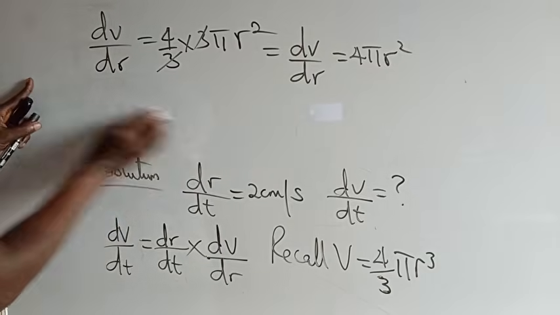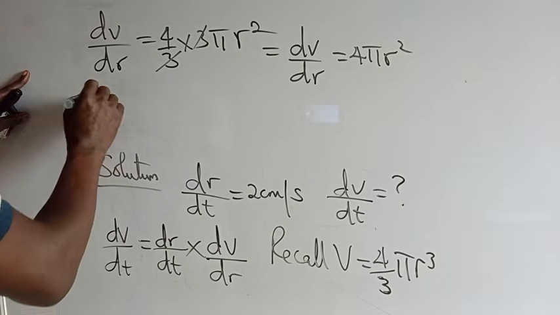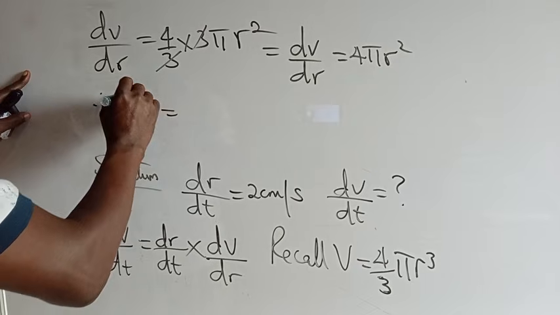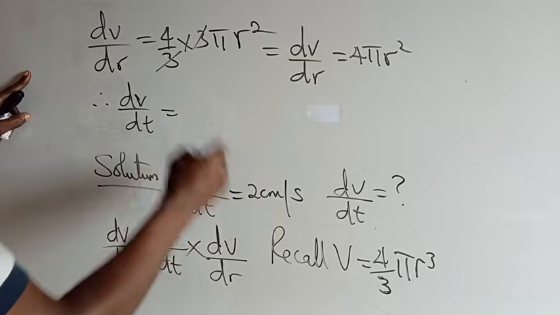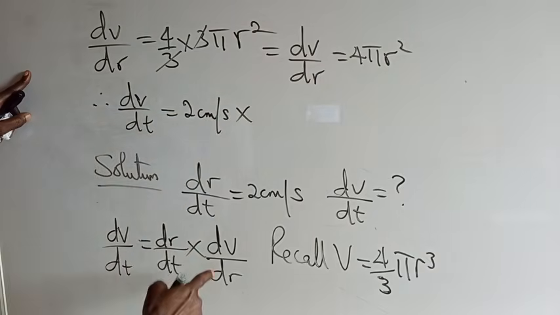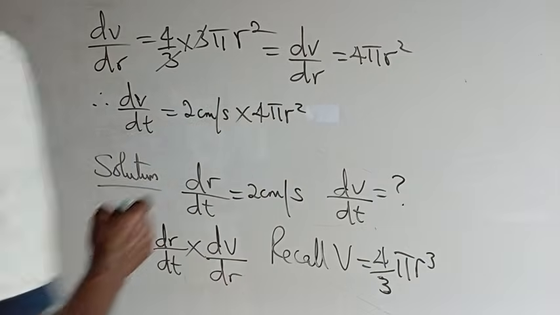So now we have gotten dV/dr, and don't forget that r is 3. Therefore, dV/dt from the formula will be equal to dr/dt, which is 2 centimeters per second, multiplied by dV/dr, 4 pi r squared.